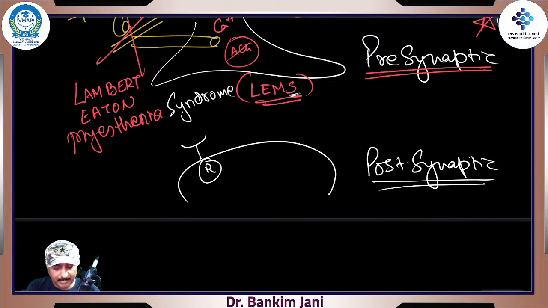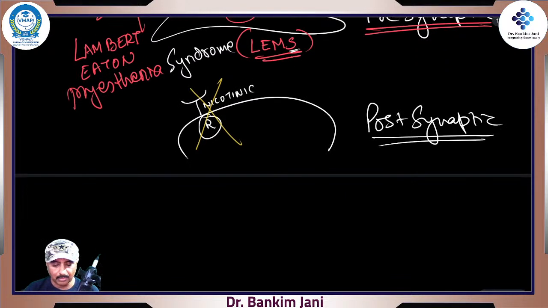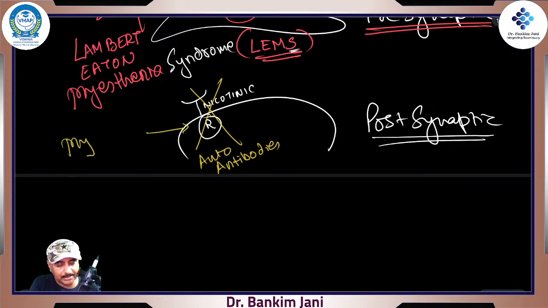But just remember, these are nicotinic receptors. When these receptors are damaged, again, why should they be damaged? Same reason, autoantibodies, an autoimmune disorder. When the postsynaptic receptors are damaged, this is what leads to myasthenia gravis.